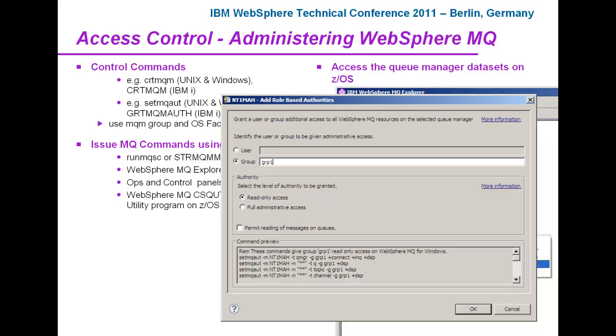Or full administrative access. You have the option to allow browsing of messages on either selection. And if you were to scroll this down, which I can't today because it's PowerPoint, the last two set up the access you need for Explorer and its reply queue. So it is designed for allowing access through Explorer.